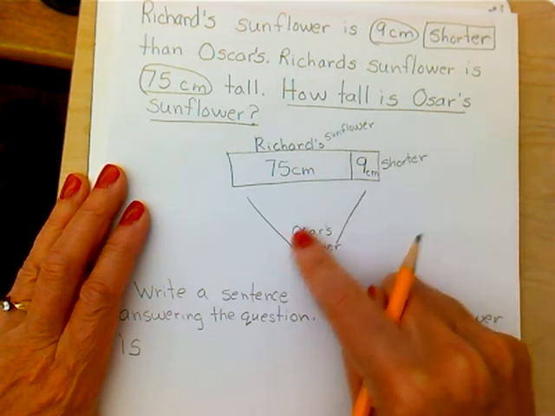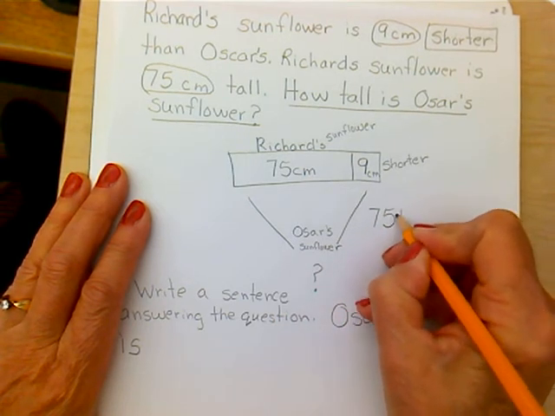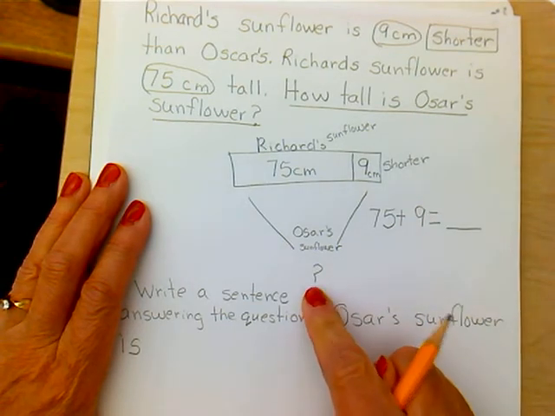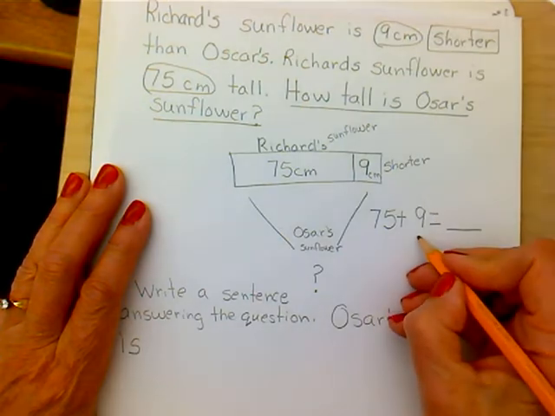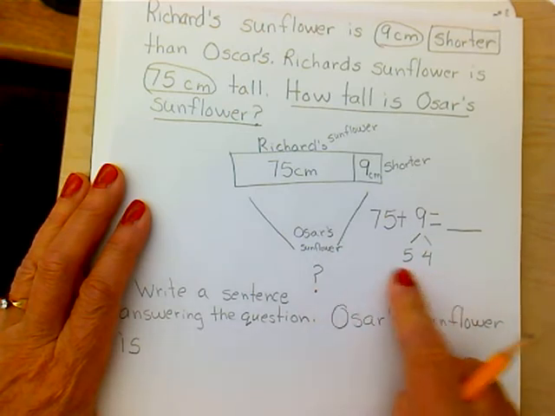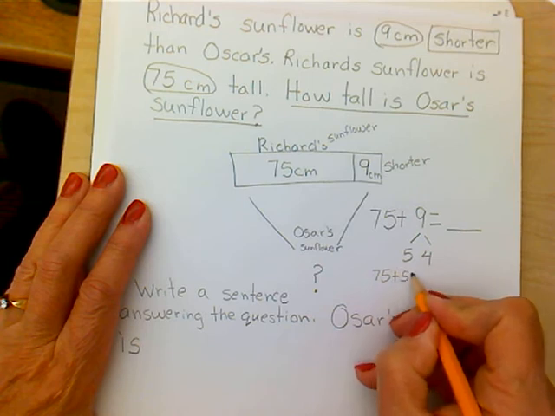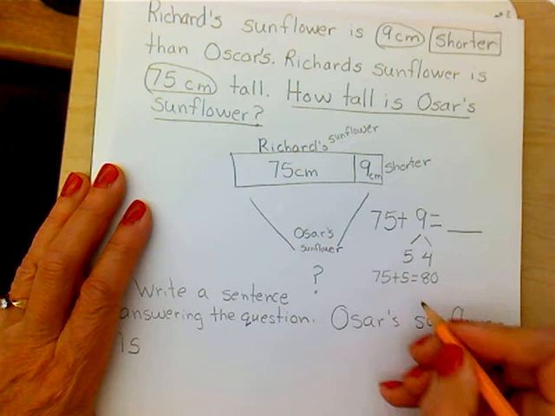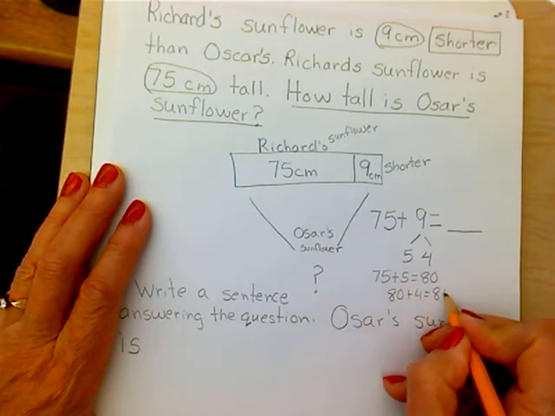So if I want to find out how tall Oscar's is, I need to set up an equation of 75 plus 9 equals, that should tell me how tall Oscar's is. So when I look at this, I'm going to break 9 into 5 and 4, and the reason being, if I can do an easy addition with 75 plus 5 equals 80, then it's really easy for me to finish up what I haven't used with 80 plus 4 equals 84.